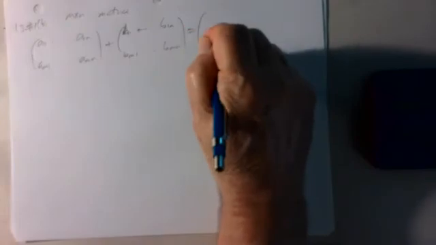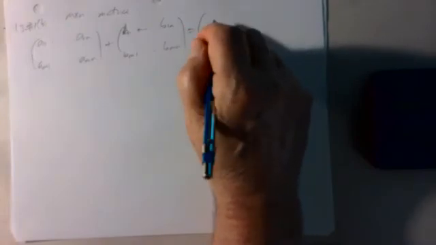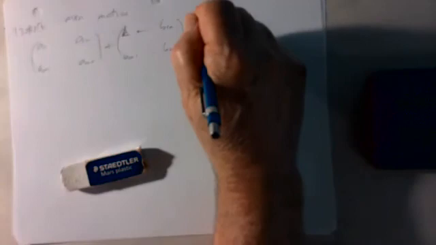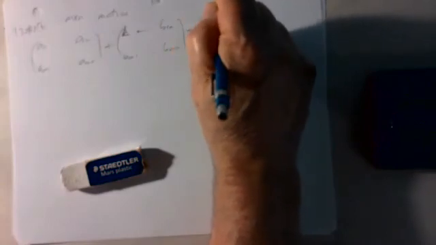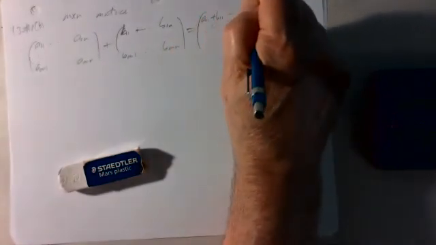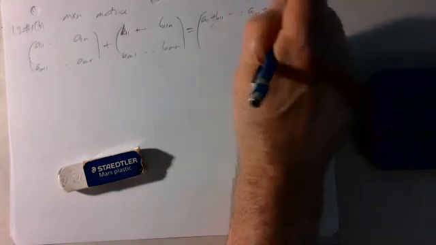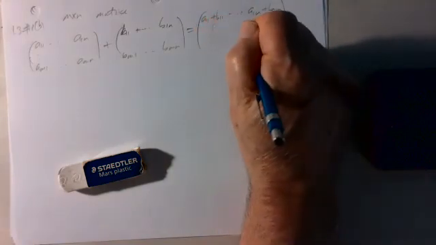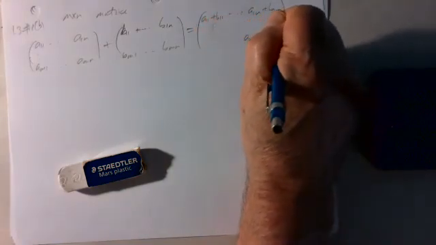If we let this matrix be C, the 1,1 coordinate is A11 plus B11, up to A1n plus B1n, and so forth, through AMN plus BMN.